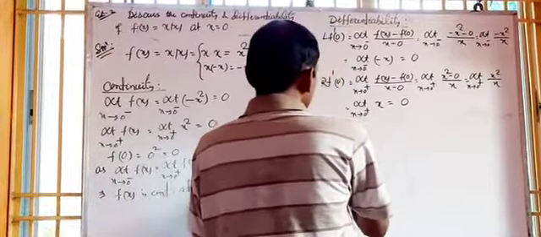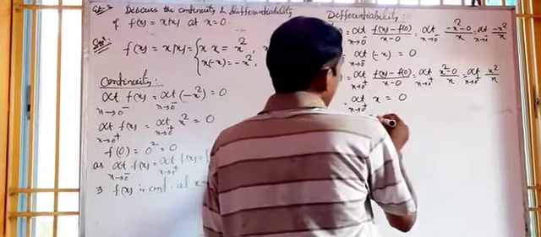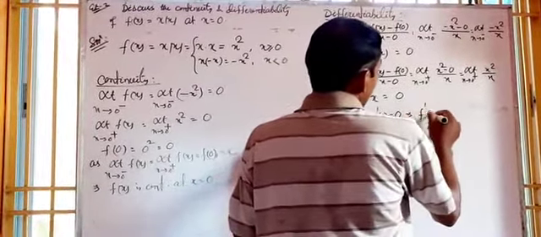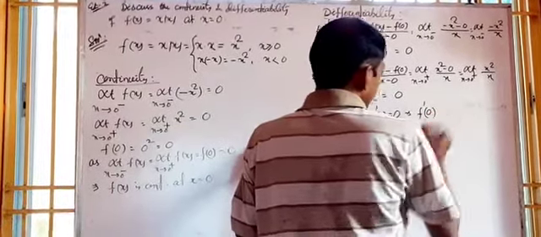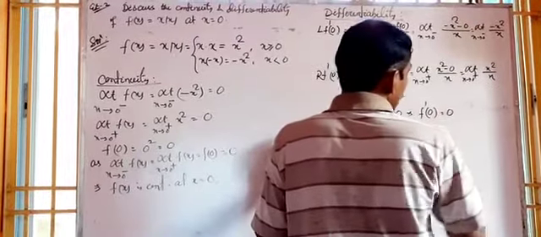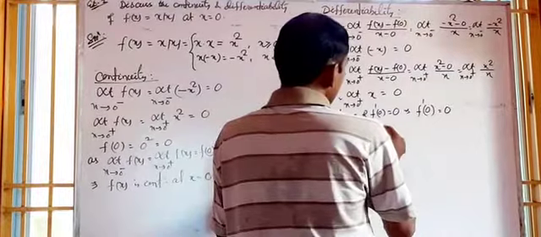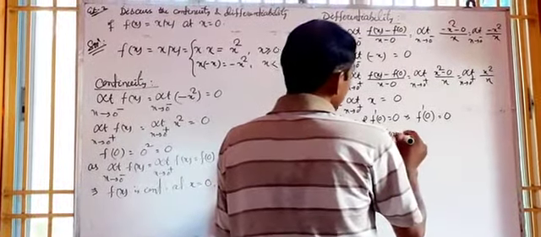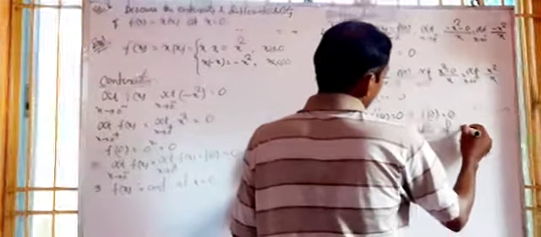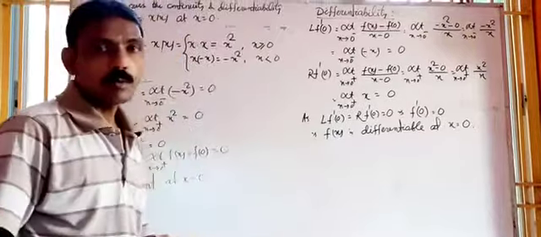So here we can write L f dash of 0 equal to R f dash of 0 equal to 0. This implies f dash of 0 equals 0. That means f of x is differentiable at x equal to 0.